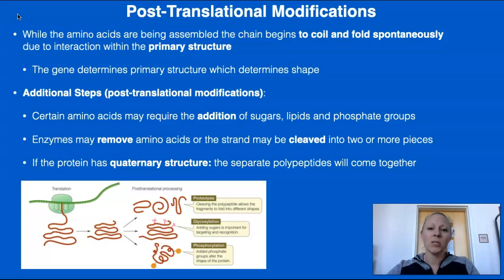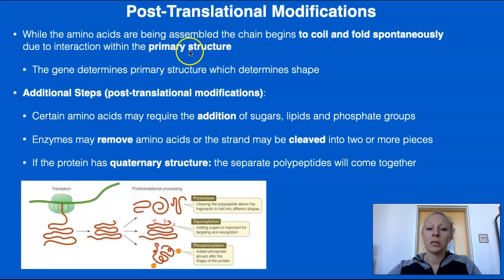And our second to last word on that initial list that we were sort of guiding our PowerPoint by, so post-translational modifications. So while amino acids are being assembled, the chain begins to coil. So the second that it's coming out of the ribosome, it's already starting to coil, and it does this spontaneously, meaning no energy is required, and it has to do with interaction with the primary structure.